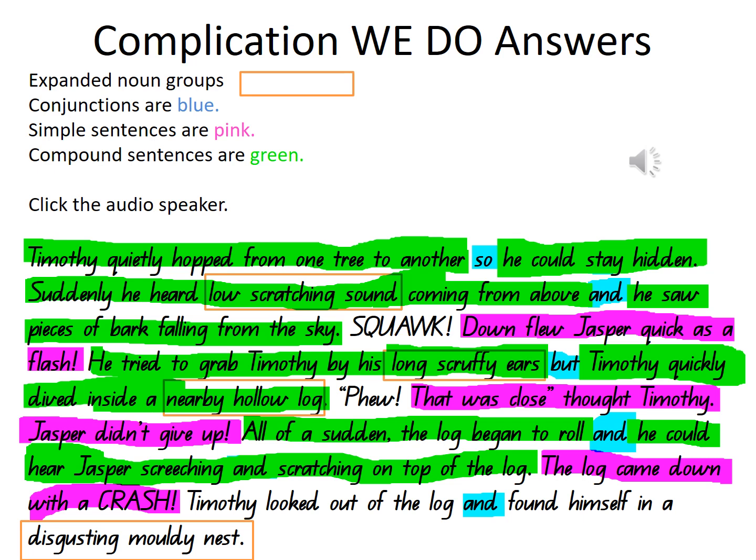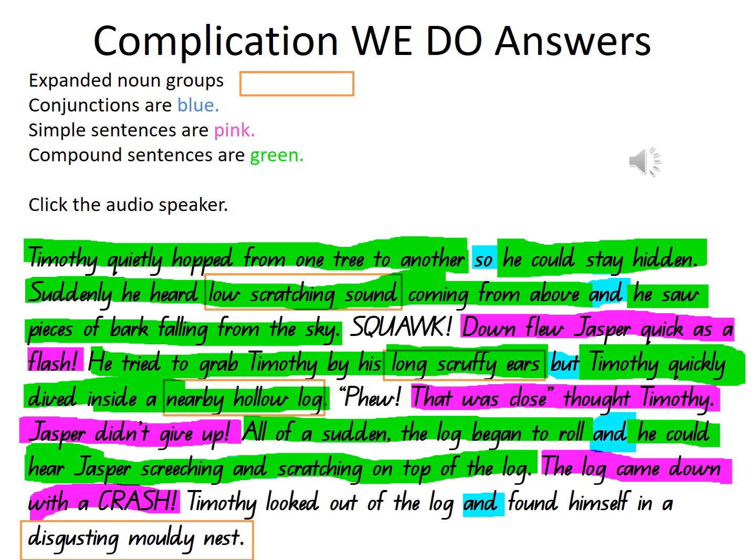So one of the ways that he's trying to solve the problem is he's hiding behind the trees. The next way was that when Jasper flew down to grab him by his ears, he hid inside a hollow log. Neither of these helps to solve the problem, but they are the events to work towards solving the problem.